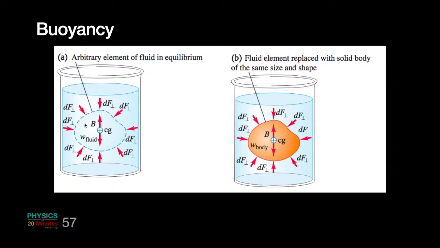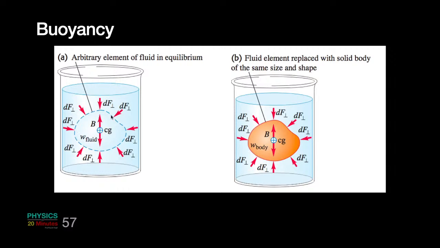Now, imagine that we remove this fluid element and replace it by a similarly shaped solid. I assume that the solid has uniform density so that the center of gravity is at the same place as that of the fluid.